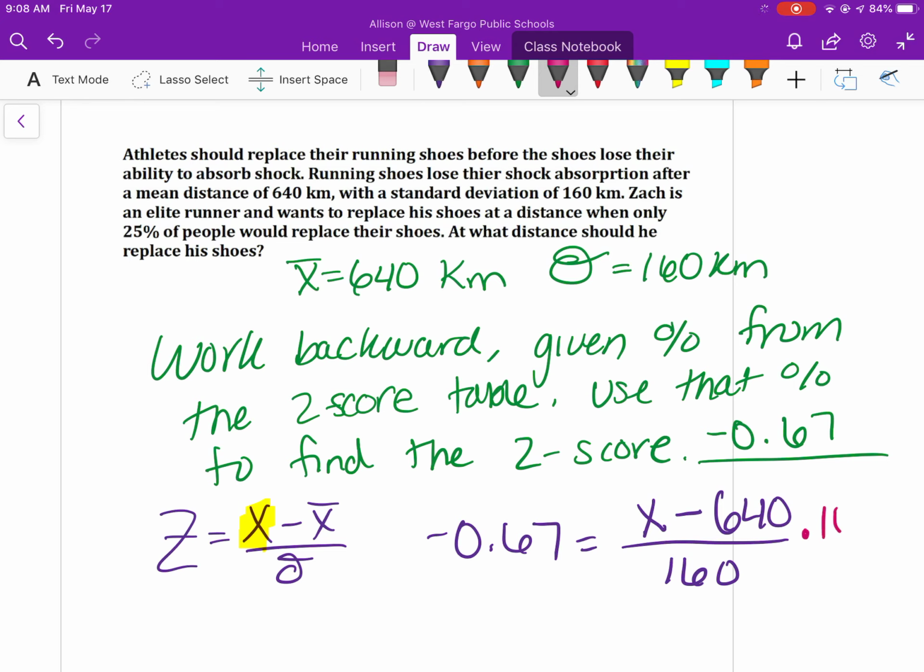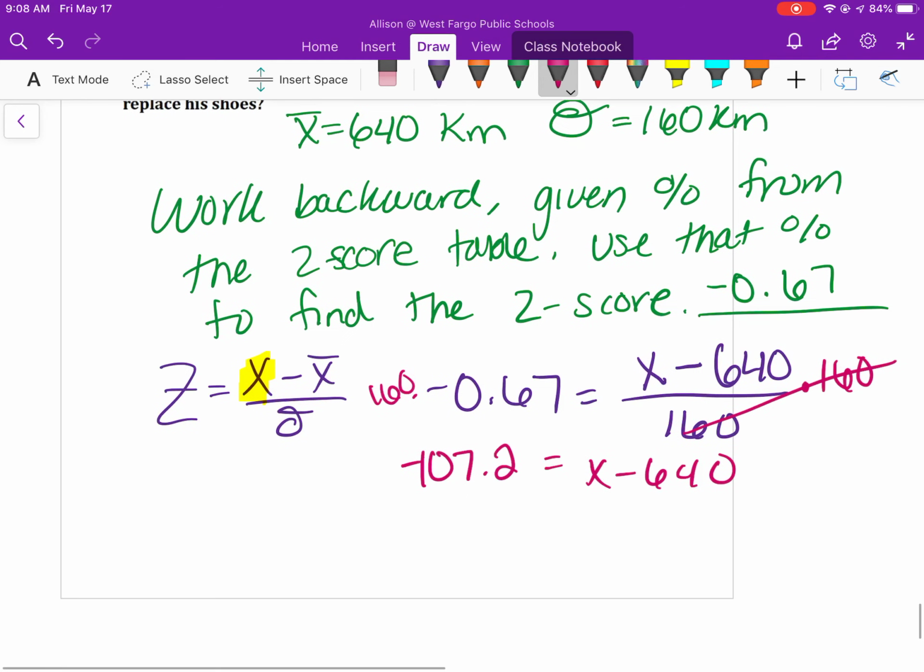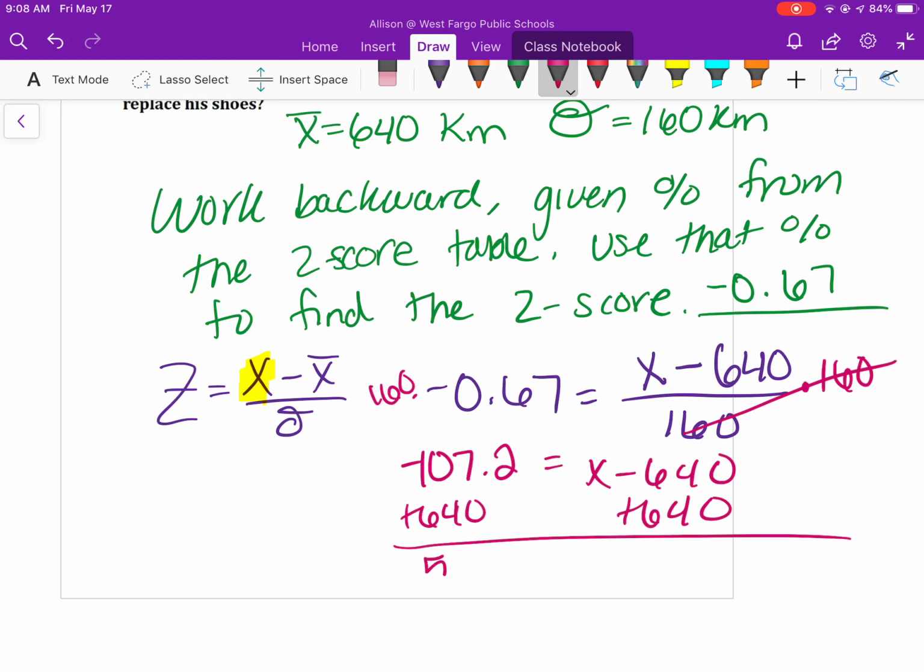So now I can work backwards by multiplying by 160 to solve for X. So I got negative 107.2 equals X minus 640. Add 640 to each side, and we got 532.8 equals X. So he will replace his shoes at about 532.8 kilometers.